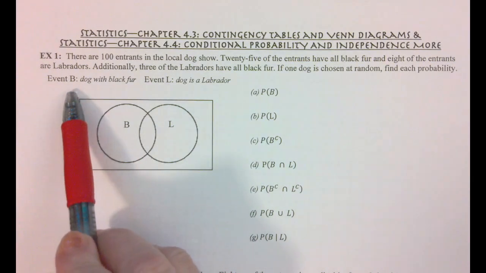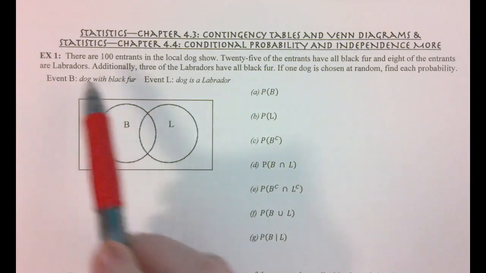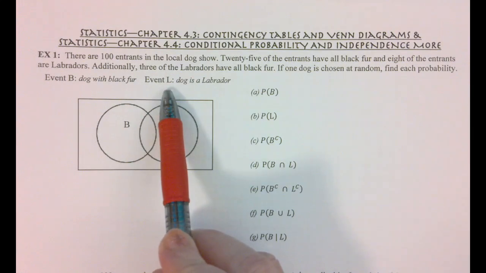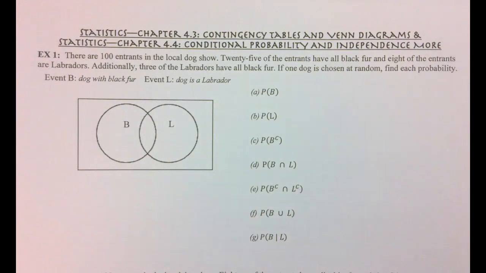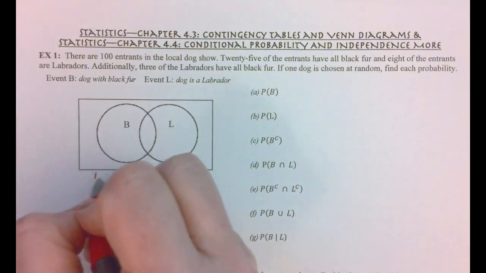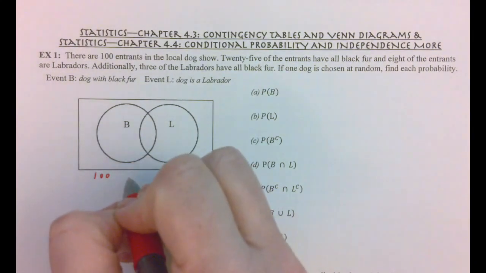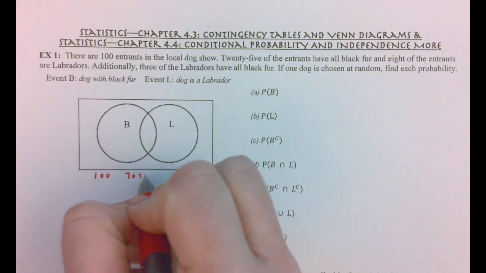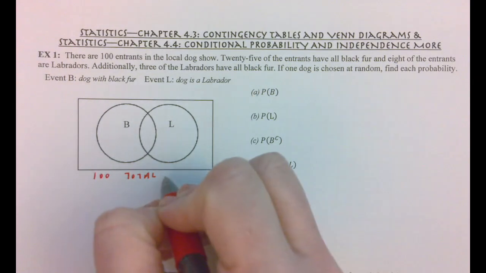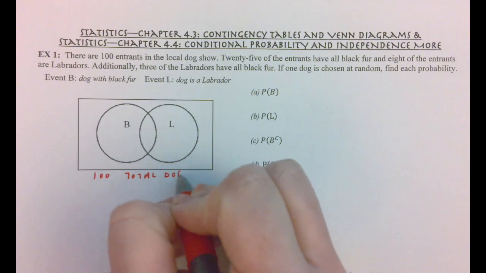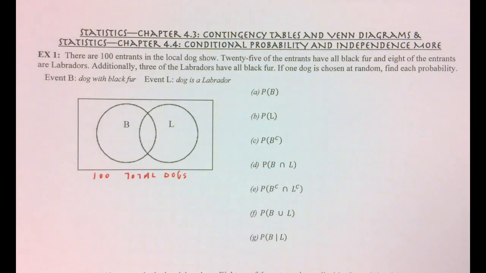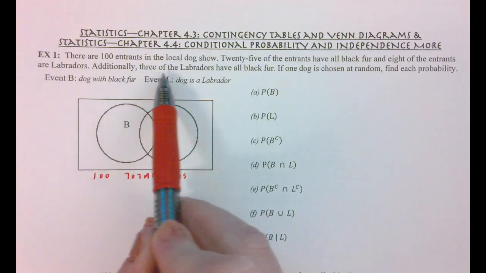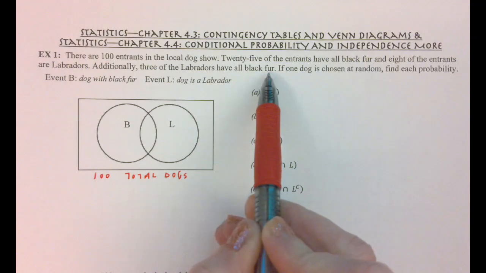So B is that we pick a dog that has black fur. L, the dog is a Labrador. So usually somewhere near the bottom, I list our grand total. So we have 100 total dogs in this local dog show. Then I look for the overlap. So here 3 of the labs have all black fur.